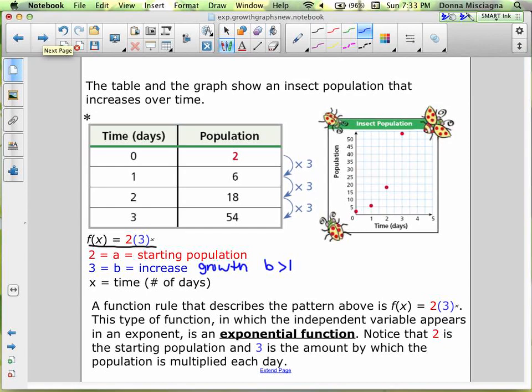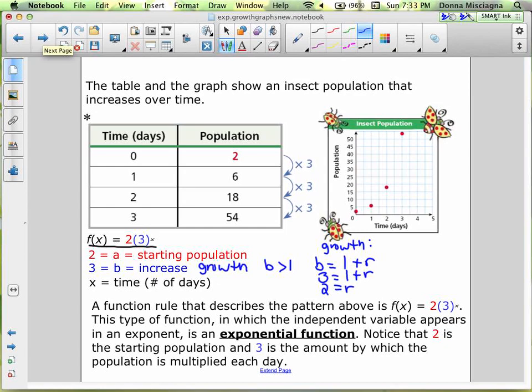How much growth? Well, actually, we're increasing. So if you remember that our base can also be thought of as equal to 1 plus r if it's growth, and 1 minus r if it's decay. Right? So if 3 is equal to 1 plus r, because 3 is our base, that would mean that 2 is our rate of increase. What does that mean?